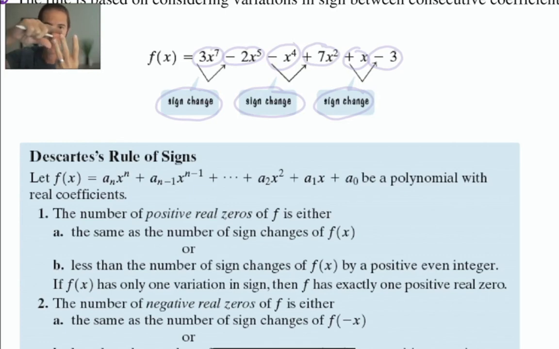I'm going to choose these two. Then we would only end up having one real zero. Real versus imaginary, okay? So that's what they're talking about with a positive even integer. Just keep taking away 2 until you get down to 1 or 0.